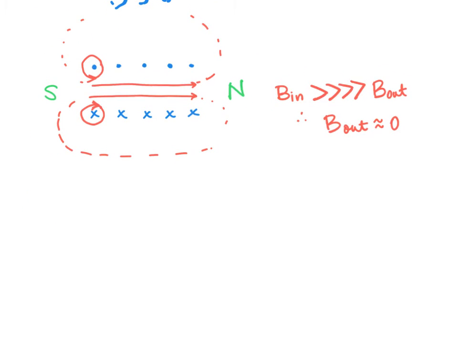Now let's look deep inside the coil of wire here. Remember, for a single loop of wire, we could use the Biot-Savart law to determine the magnetic field inside the loop of wire.